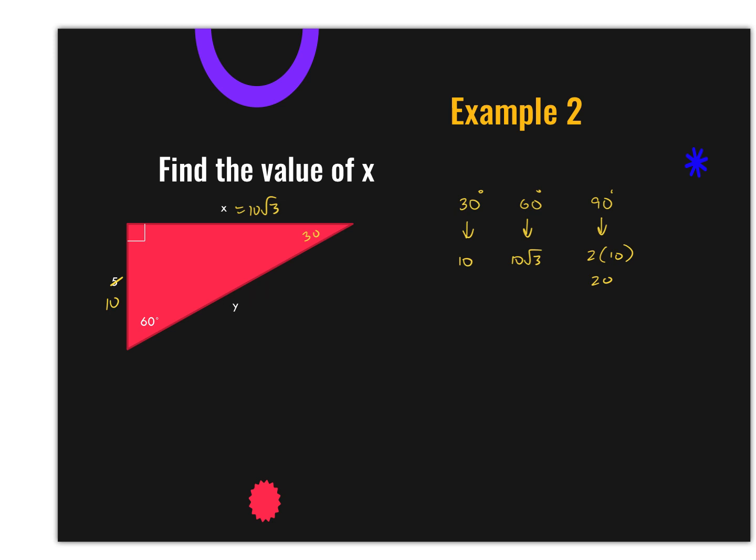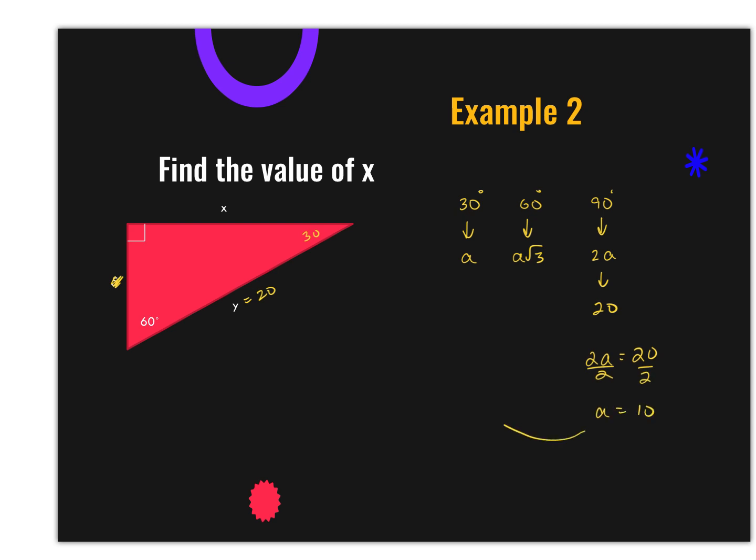Now, you might say, well, what if you're not given the side opposite the 30? That's a great question, right? Let's say that I was given the hypotenuse, and I told you that y was 20. Okay, well, again, it's A, A radical 3, and 2A, and if the side opposite the 90 is 20, if 2A equals 20, then I know that A must equal 10.